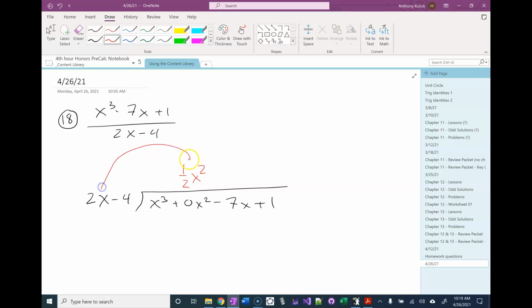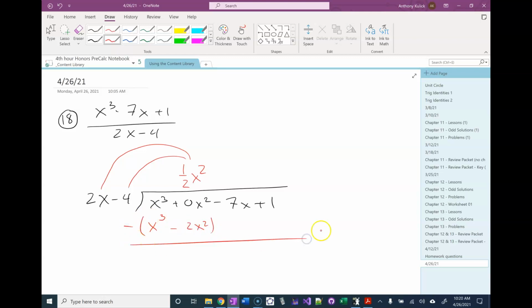So this times this needs to give me that. So 1/2 times 2 is going to give me the coefficient 1. And then x squared times x is going to give me x to the third. So I'm just doing the coefficient and then the variable. So I multiply that to the entire divisor. So it's going to give me x cubed minus 2x squared.